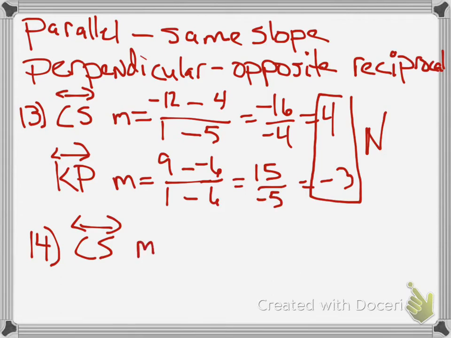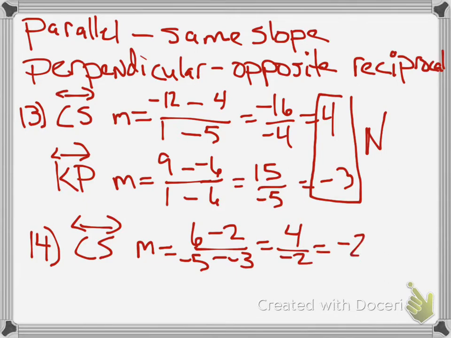So for the next one, I have 6 minus 2 and negative 5 minus a negative 3. So I'm just getting the points that are there and coming up with the slope. So this is 4 over negative 2, which is negative 2.